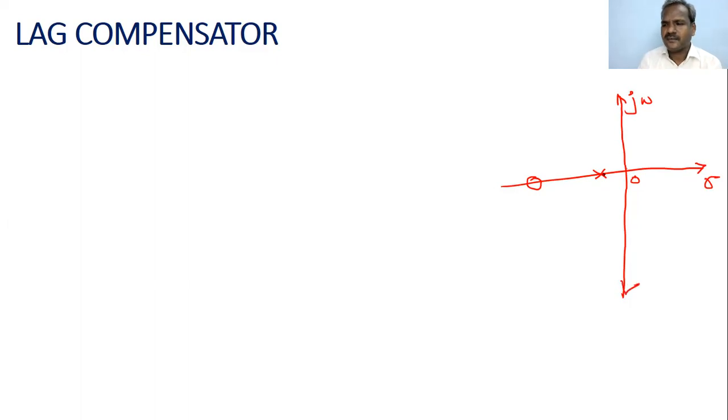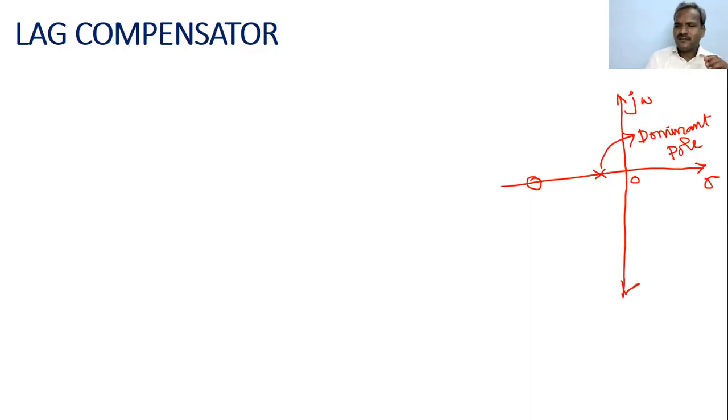So this is the simple pole and this is the simple zero. The lag compensator has one simple zero and one simple pole, in which the pole is nearer to the origin. We can call it the dominant pole.